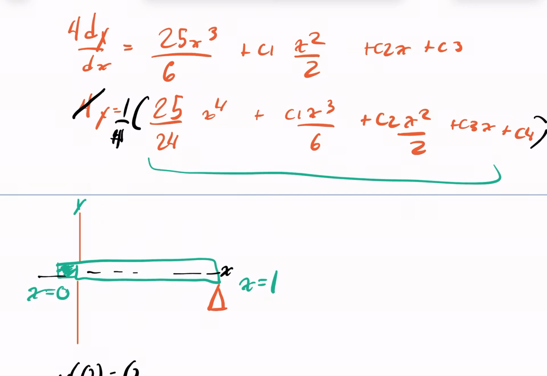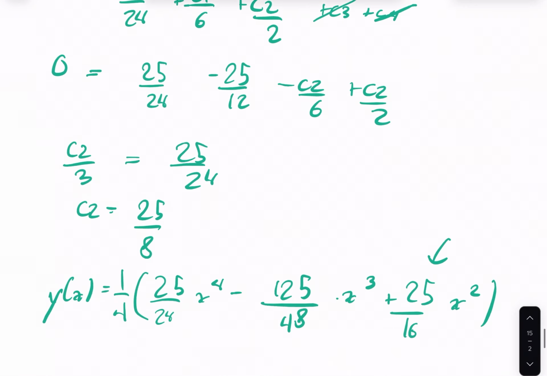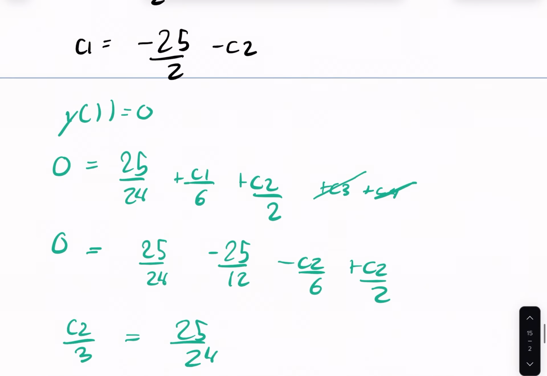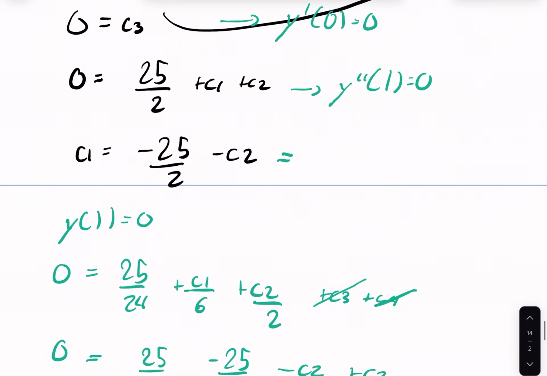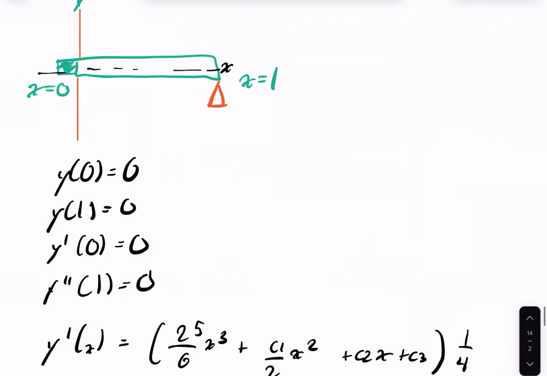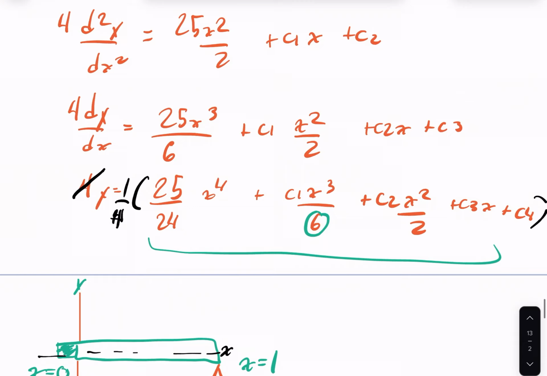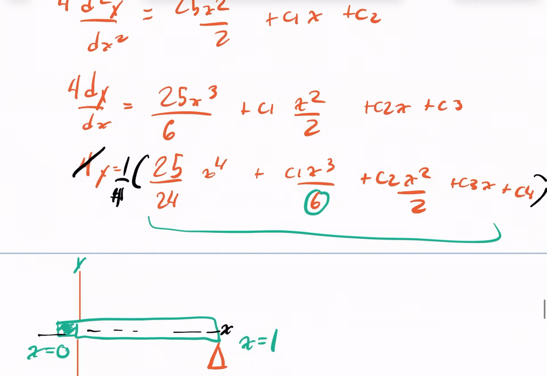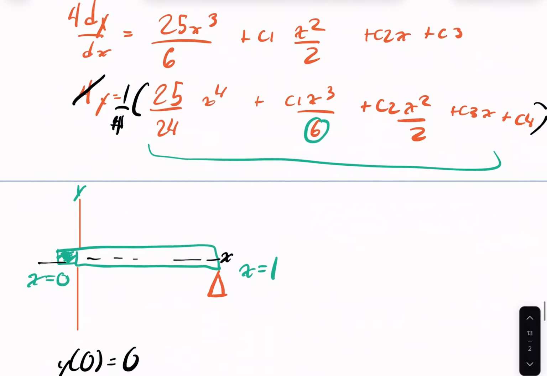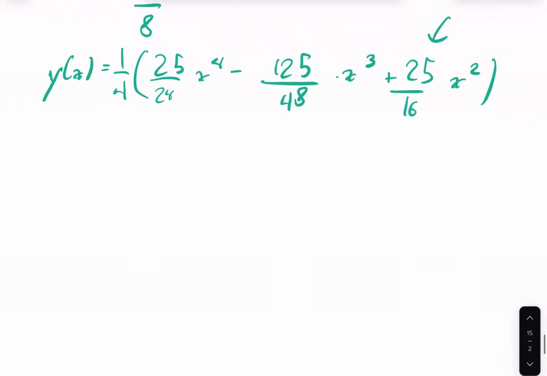You notice that we have 1/6 times C1, and if I solve for C2, then C1 equals negative 125/8. And so 8 times 6, and we get 48. And yeah, the rest, the C3 and C4 equals 0. And that's where we get this.